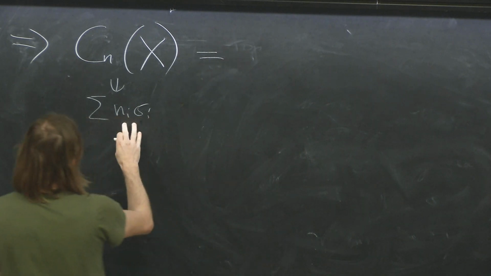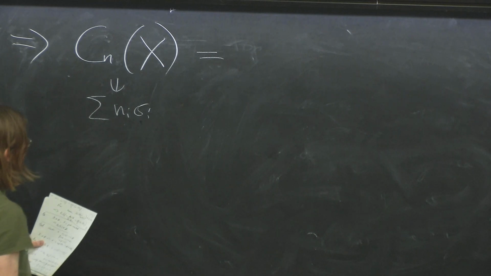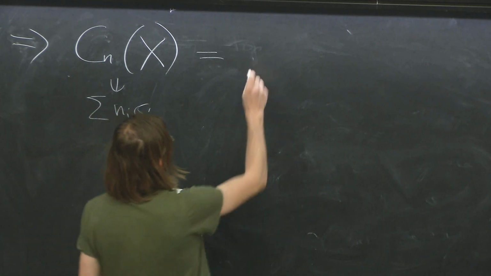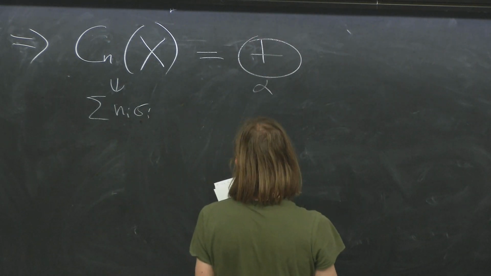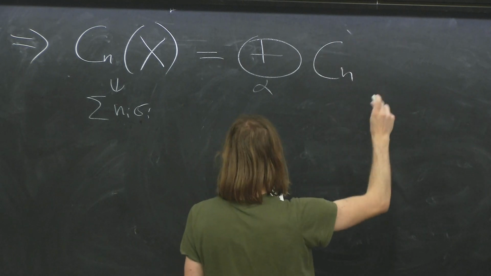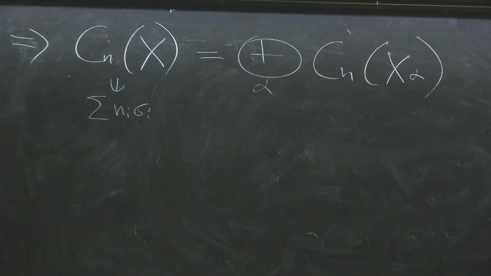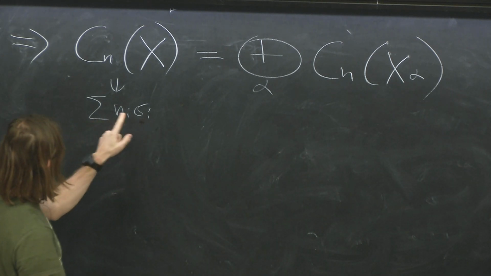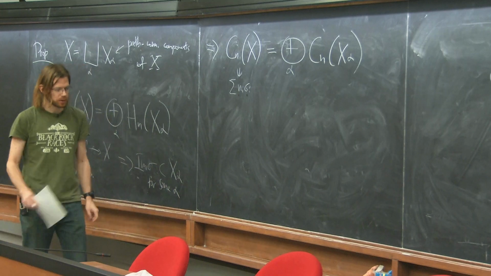So this sum can always be split with respect to these path-connected components. So this group can be canonically identified with a direct sum of groups of singular chains in each path-connected component, just by separating the terms with respect to the image where they belong.